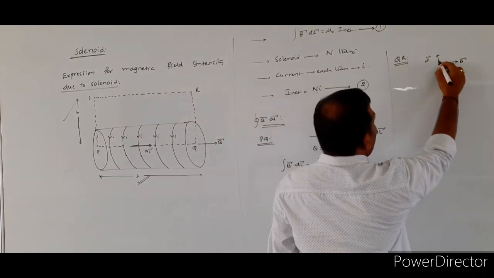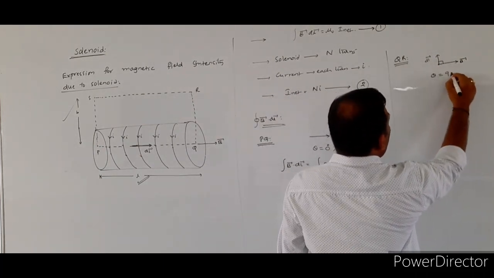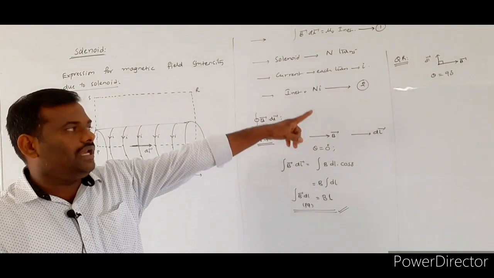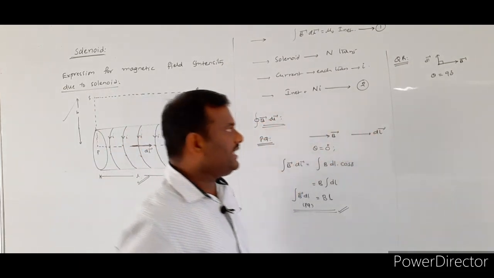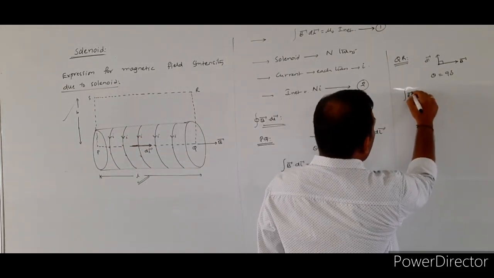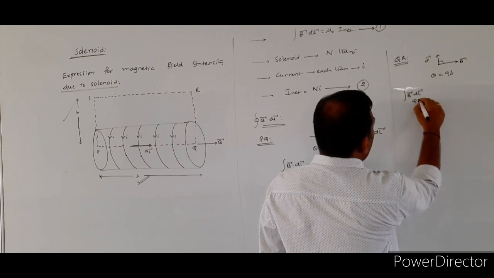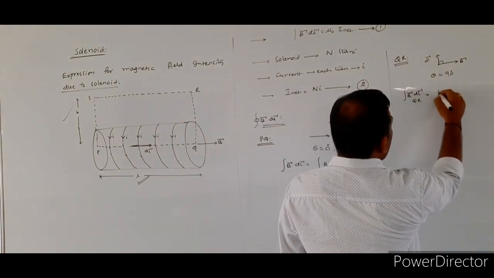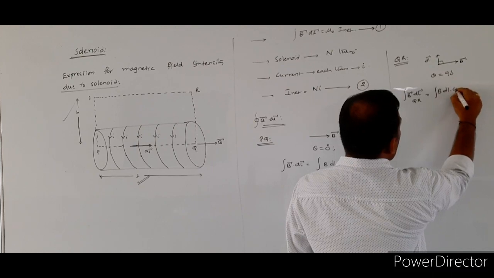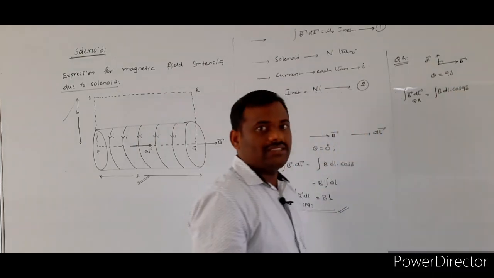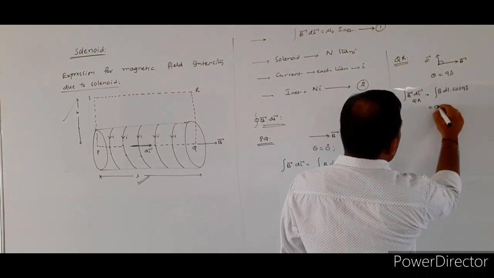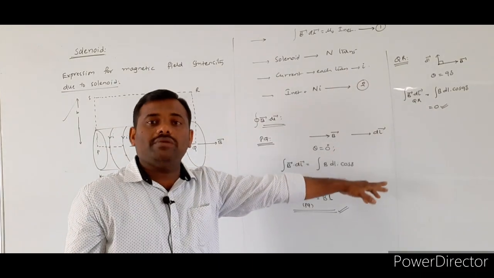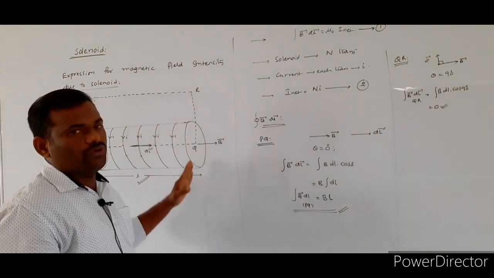So the angle between B bar and dL bar is equal to 90 degrees. Therefore, the line integral for the QR portion is B into integral dL cos 90. Cos 90 is equal to 0, so the line integral of B bar dot dL bar for the QR portion is equal to 0.